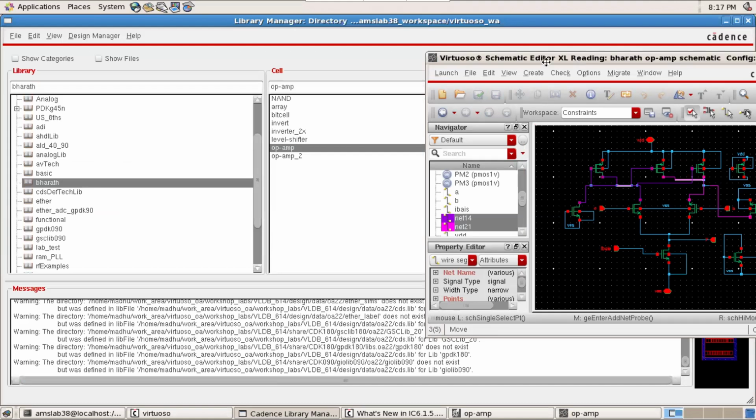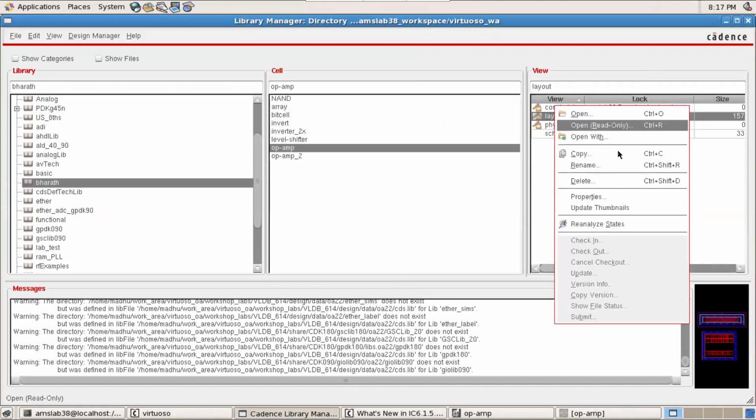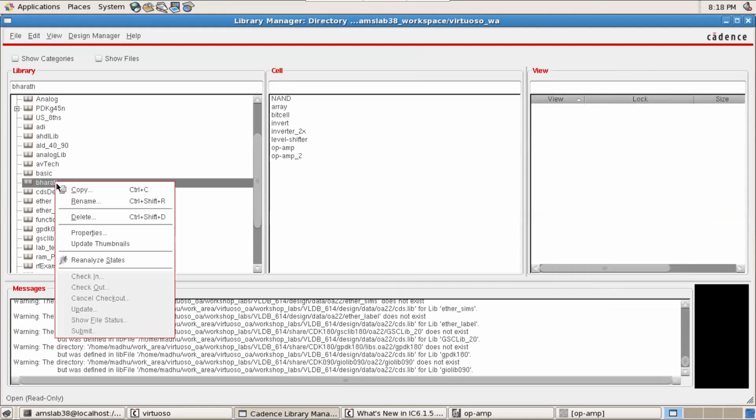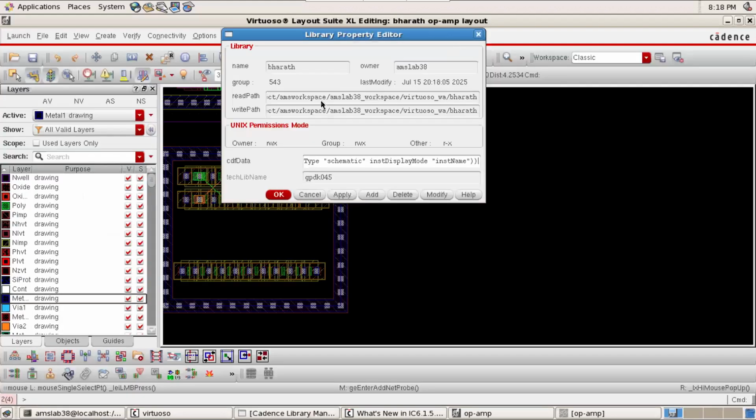Right click and show the path. Directly on the Bharat library you can right click, then Properties. You can share read or write path.